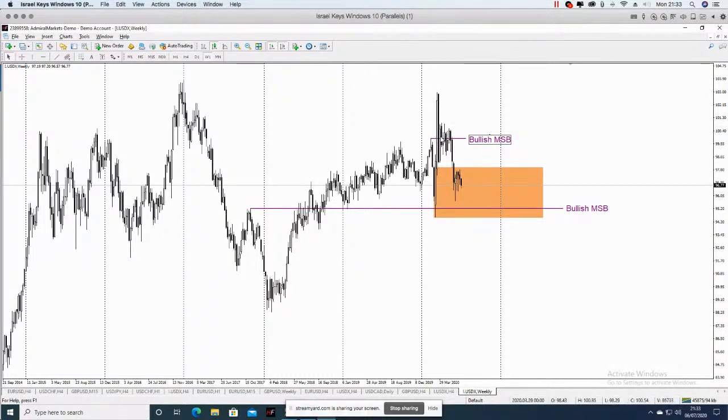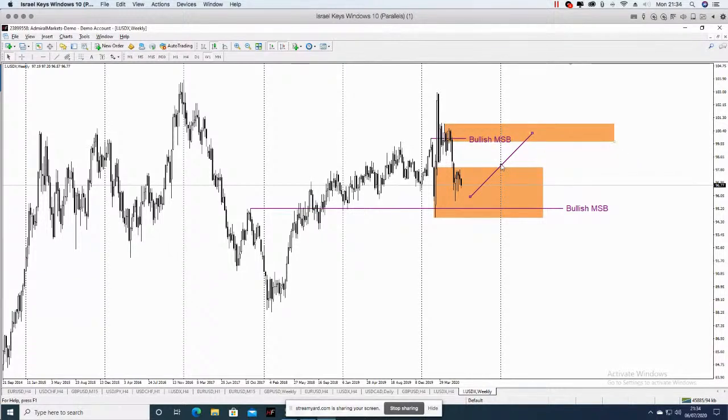And so long term on the weekly basis as well, we should be expecting a bullish move back into somewhere, there's another block there. I'll take that entire one there.